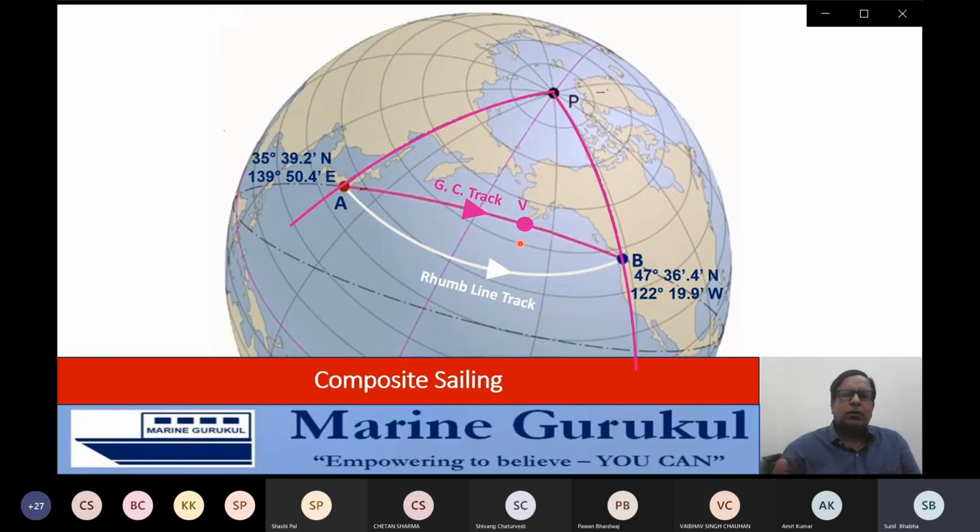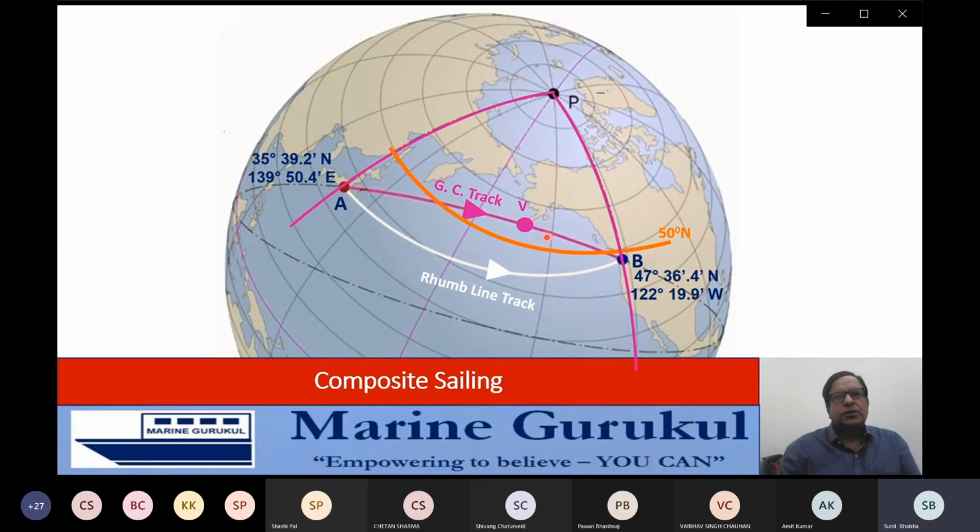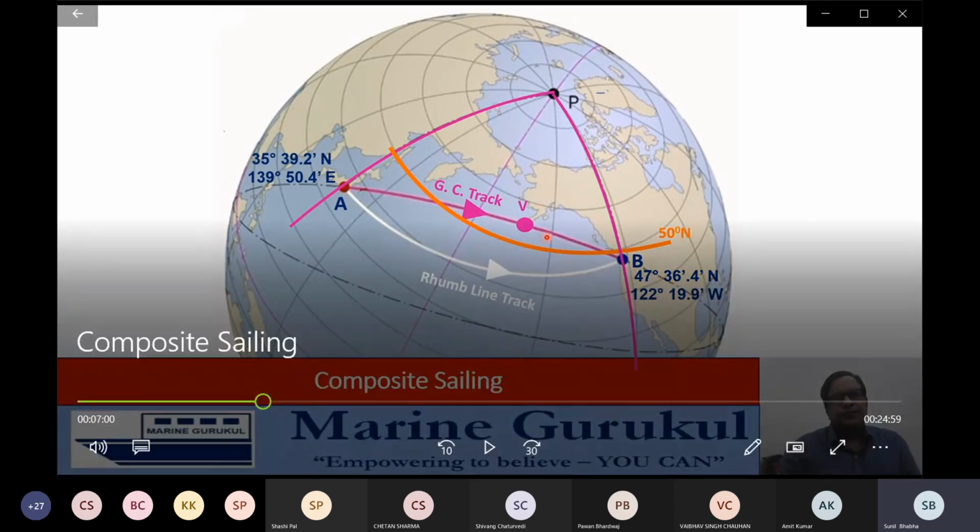Let us say, factoring in all the requirements, in our case, we decide to limit the latitude to 50 degrees north. Here comes the parallel of latitude of 50 degrees north. And now obviously it's very clear that the vessel cannot go from A to B along the GC track because some part of it is crossing the limiting latitude.